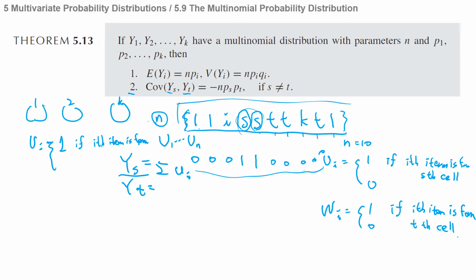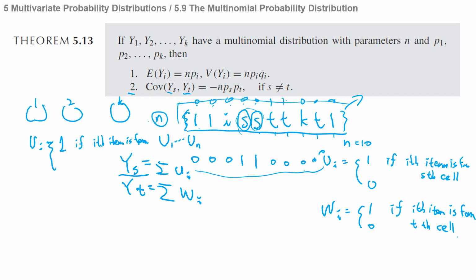So Ys can be written as the sum of Ui, and Yt can be written as the sum of Wi. For this simple event, W is 0, 0, 0, 0, 0, 1, 1, 0, 0, 0.